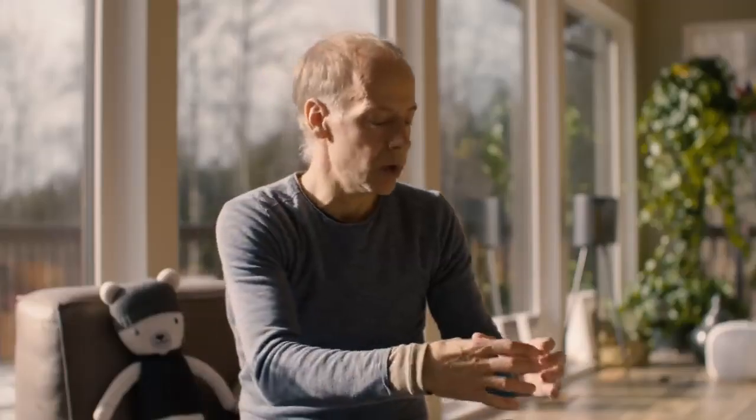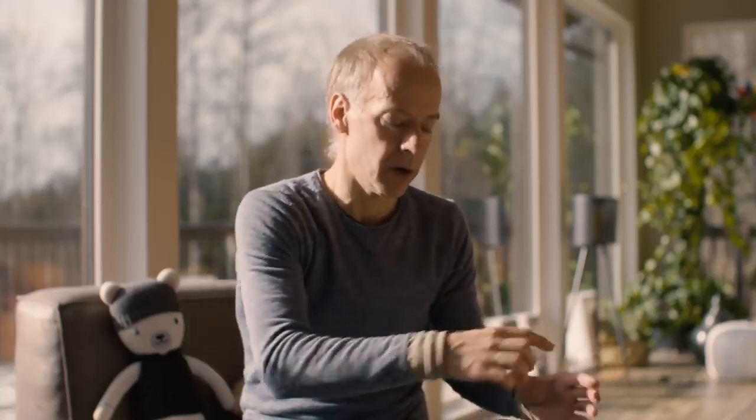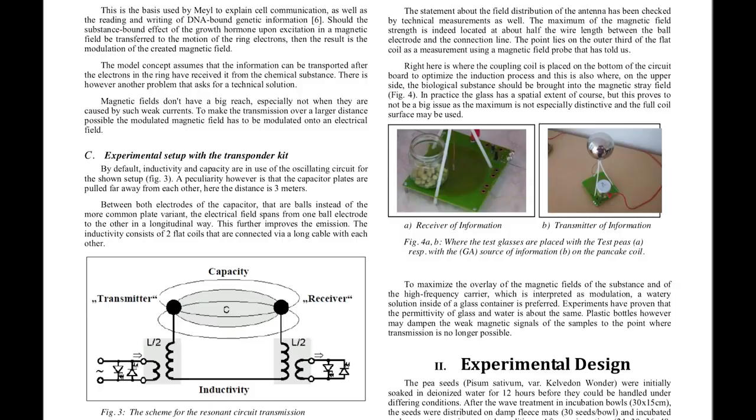On one of the Tesla coils, on the flat coil, he put some peas, and on the other coil he put a growth hormone that has been developed through agricultural science for growing these peas.